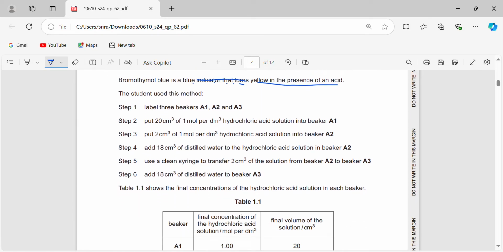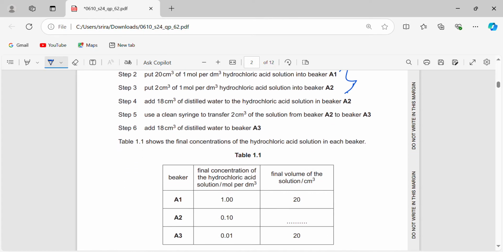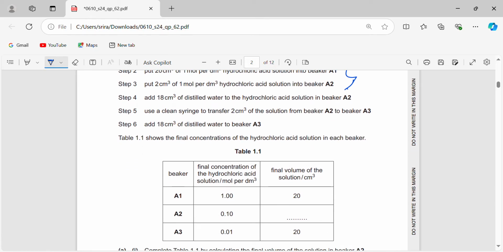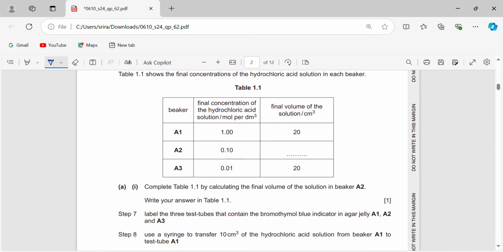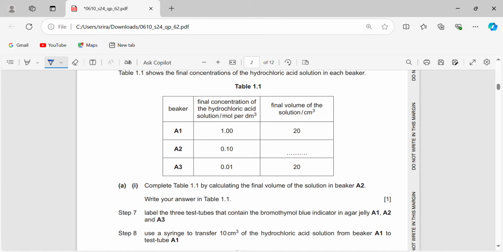The student used this method, labeled 3 beakers A1, A2 and A3. This information you might want to remember, but don't give too much importance to it. This is what we need to know for this question, because you can see they've left A2 blank and they're asking us to write the final volume of the solution in beaker A2.